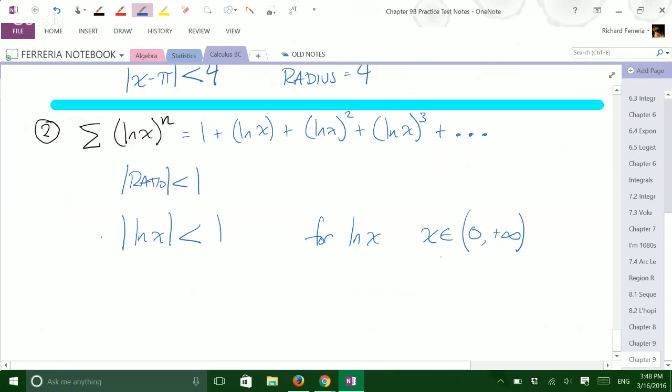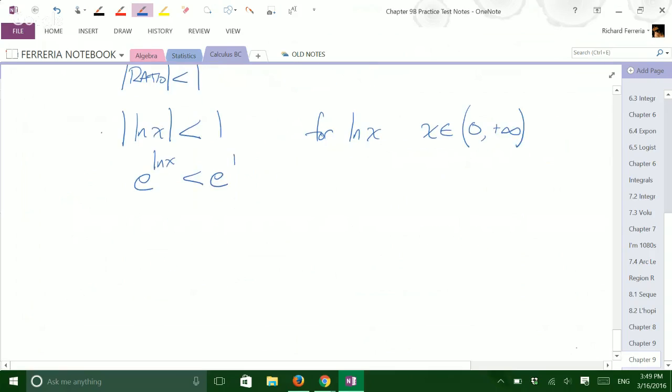You can't take the natural log of a negative number. If I want this to be less than 1, then I should exponentiate. So e to the natural log of x needs to be less than e to the first power. And so x should be less than e.